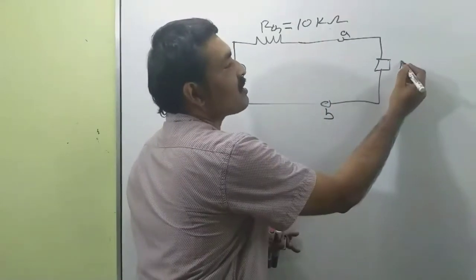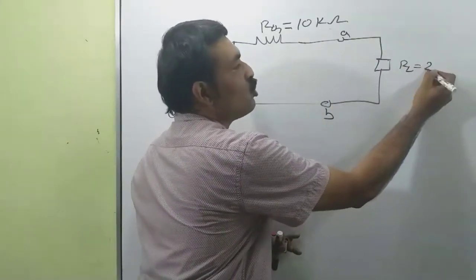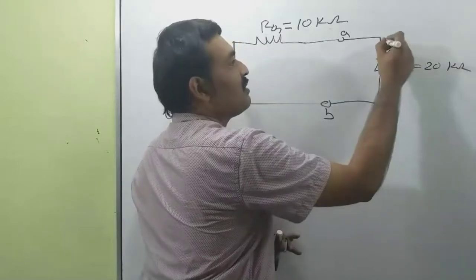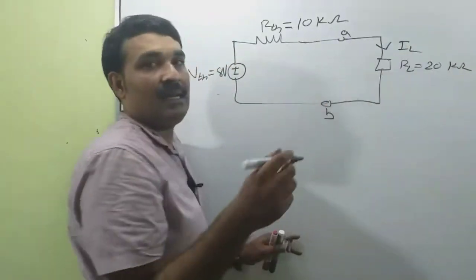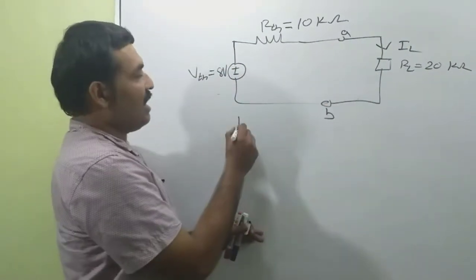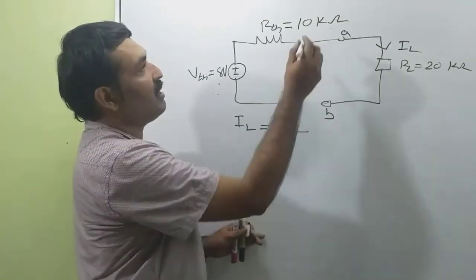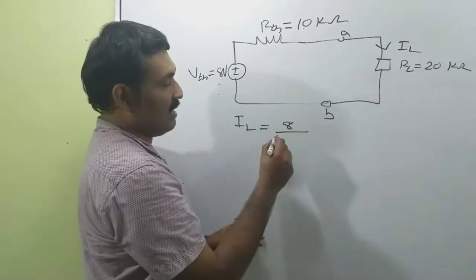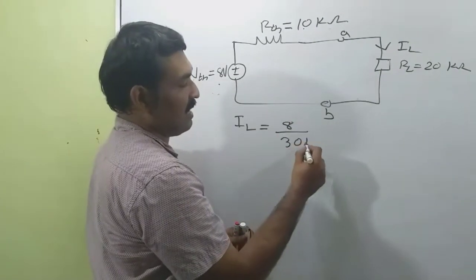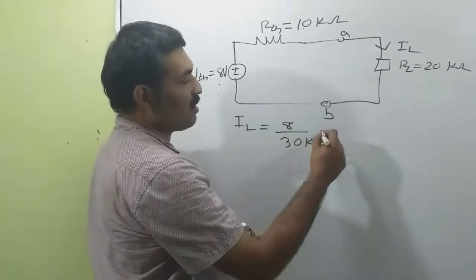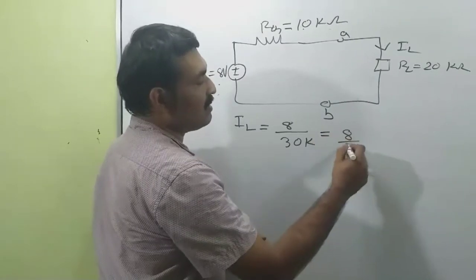Suppose RL is equal to some 20 kilo ohm. Then what is the load current IL? Then we can find IL, that is equal to 8 divided by 10K plus 20K, that is 30K. This is the load current, that is equal to 8 by 30 milliampere.